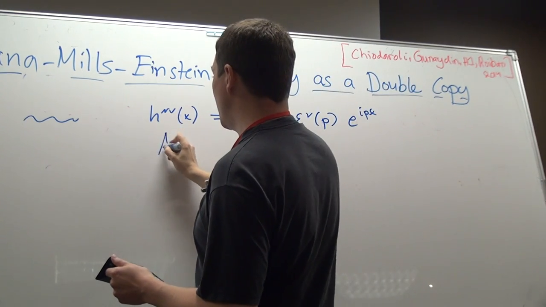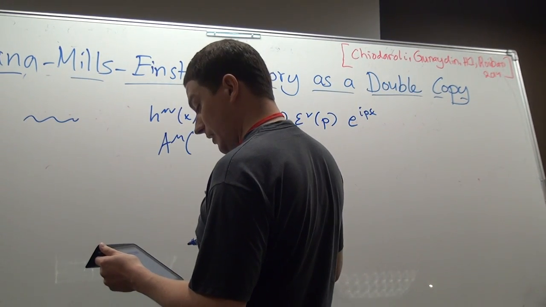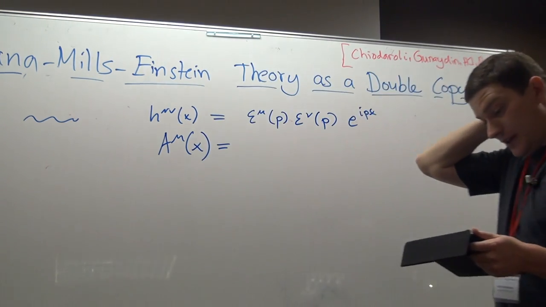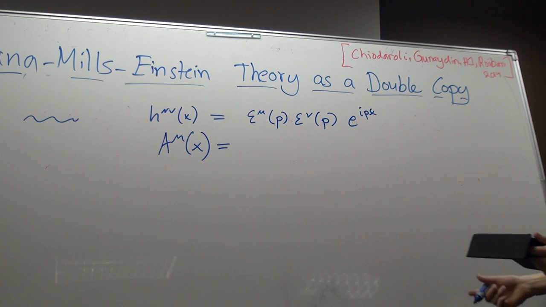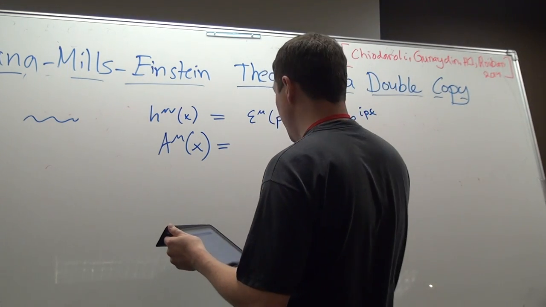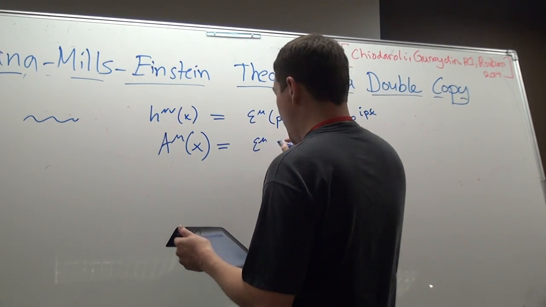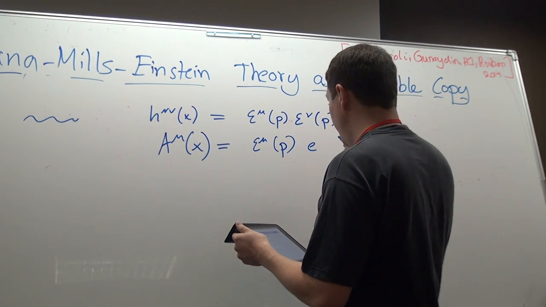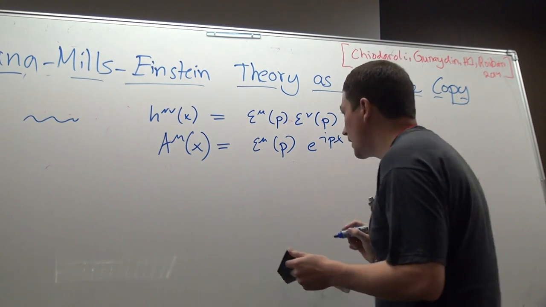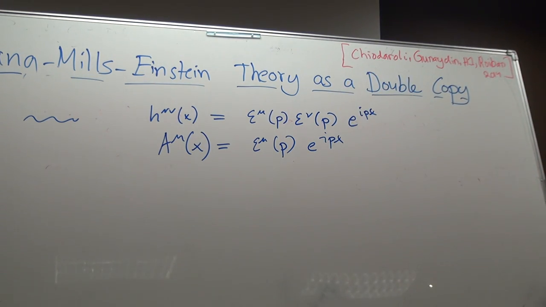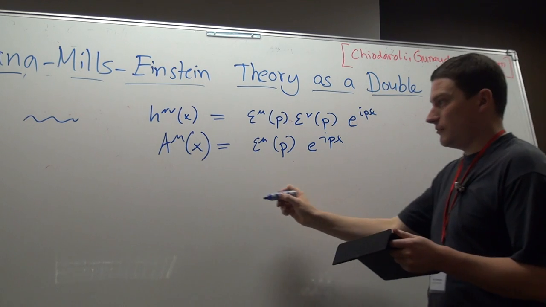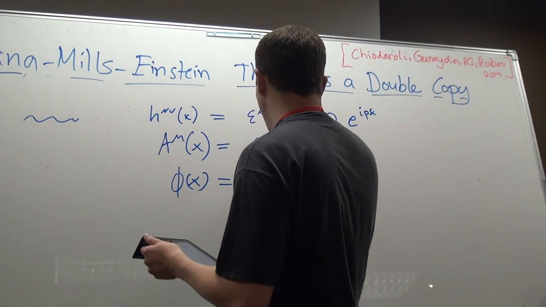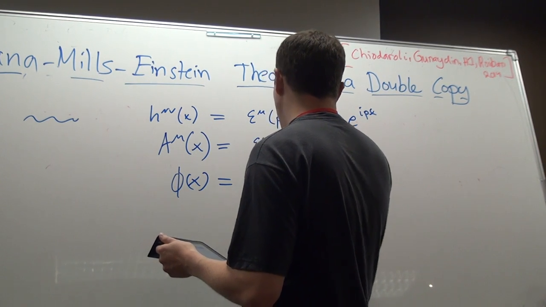So we can correspondingly compare it to a non-interacting gauge theory, and just write down the plane wave, for example, abelian QED. So then it looks pretty much the same, except that you have just one factor. And then you can compare that to a non-interacting scalar, where you would have this plane wave.